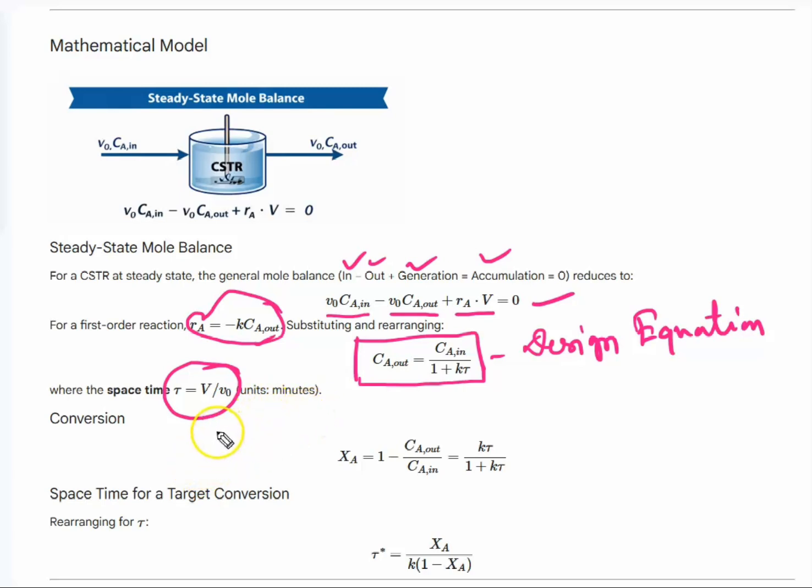From this, we can write conversion directly. Xa equals k tau divided by 1 plus k tau. And if we want to target conversion Xa, we rearrange to find the required space time. Tau star equals Xa divided by k times 1 minus Xa.